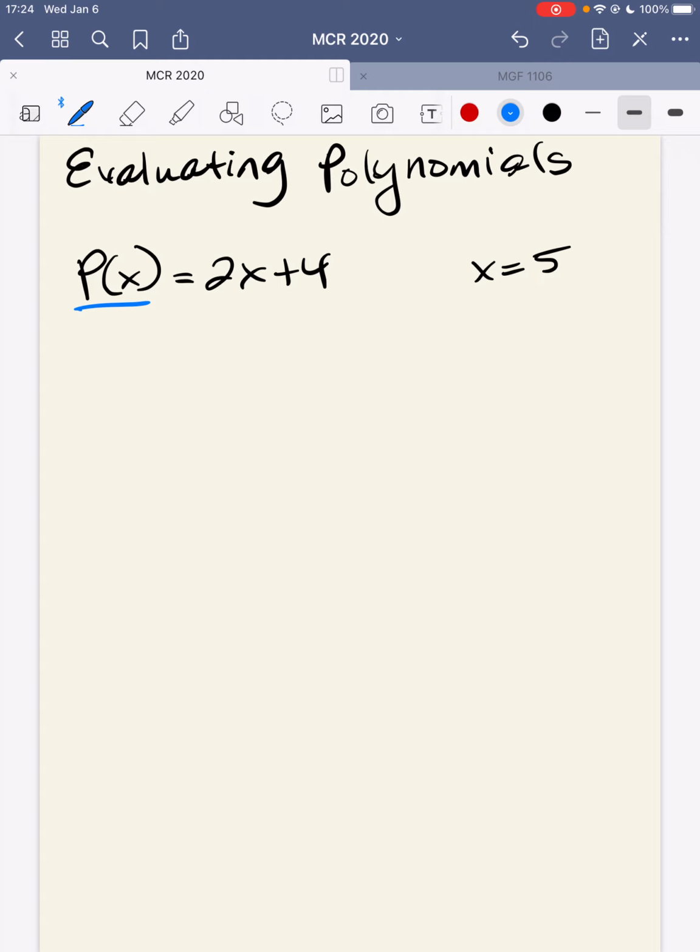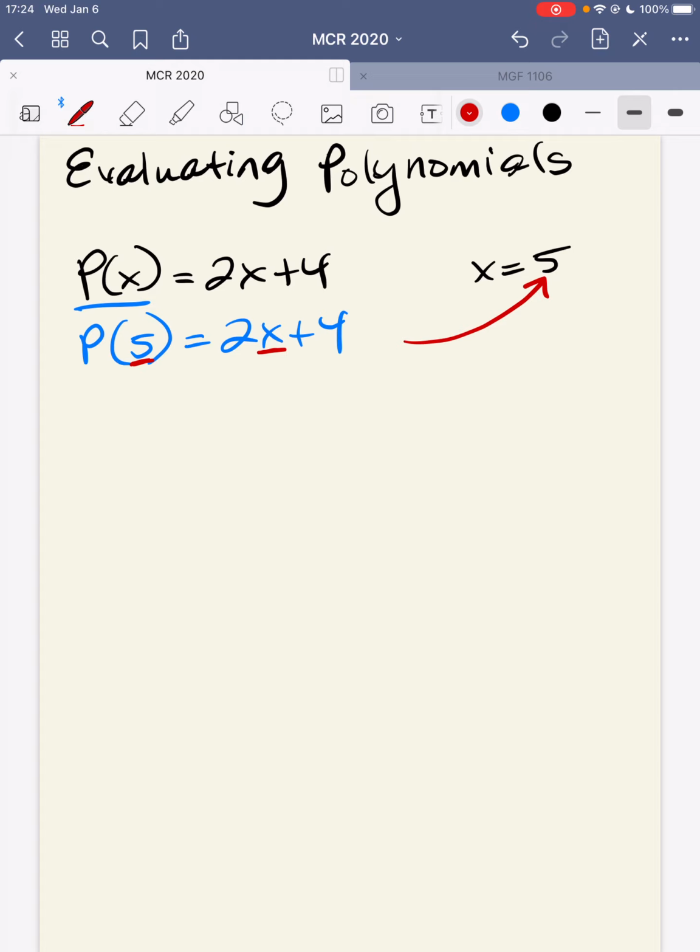And what it means is when I want to evaluate this function at x is equal to 5, this becomes this, which is p of 5 is equal to 2x plus 4. All this means to us is when I have 5 in this position, that means wherever I have x, I'm going to substitute 5.